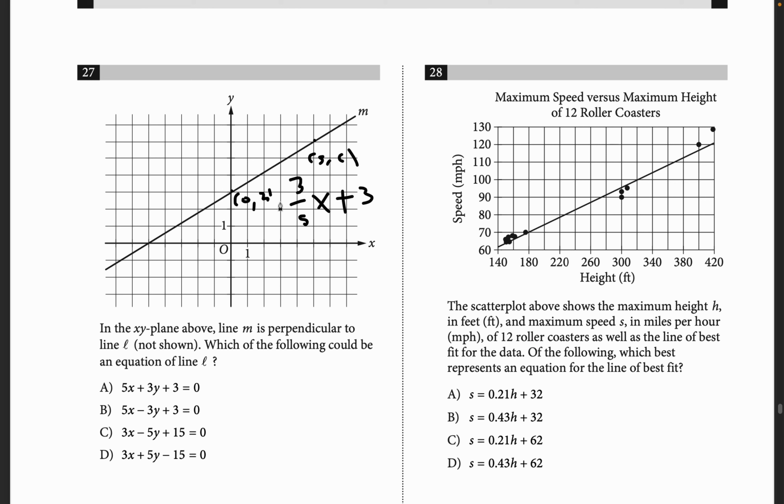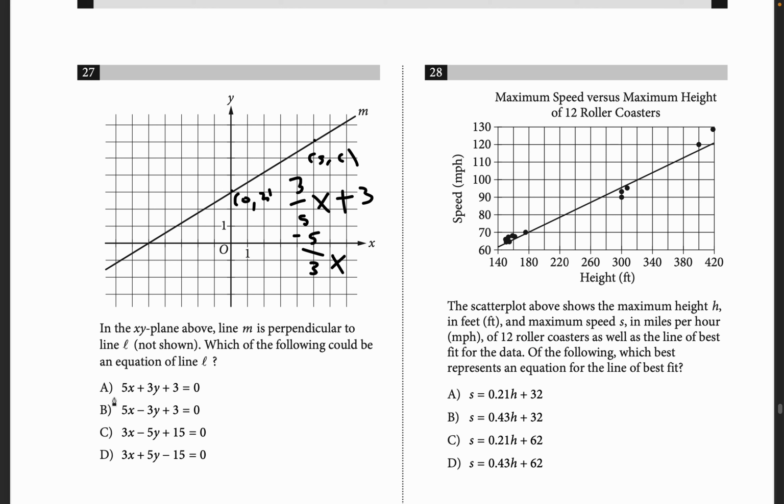That's the slope. Then the opposite reciprocal: the slope has to be opposite. The y-intercept doesn't have to change, so it could be 3. The y-intercept could be any value, it doesn't have to be 3, it could be 4 or 5, but the slopes have to be opposite reciprocal. So the slope has to be -5/3.